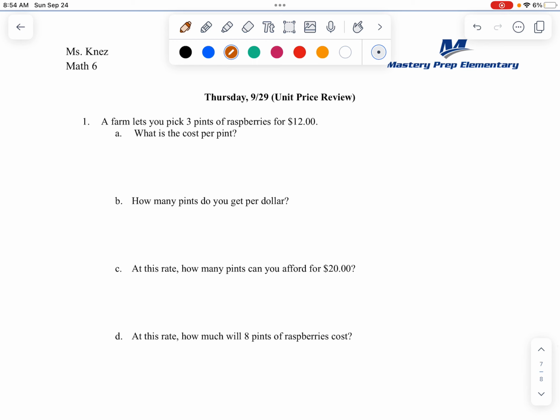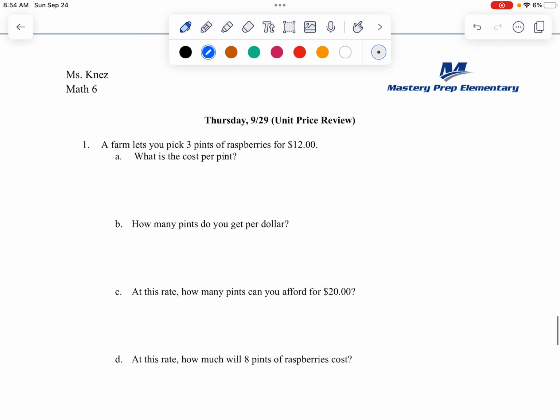Thursday's homework is a quick review of unit price. Remember that unit price is the price per one. So when I ask you for unit price, I'm asking you to find the price of one object. For example, in question 1, a farm lets you pick 3 pints of strawberries for $12. So 3 pints for $12.